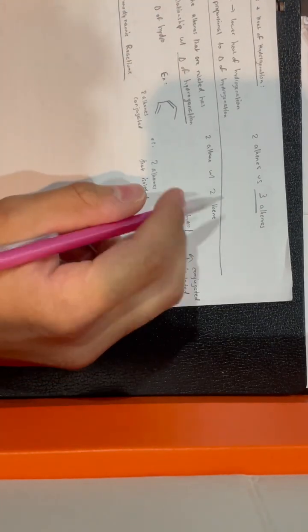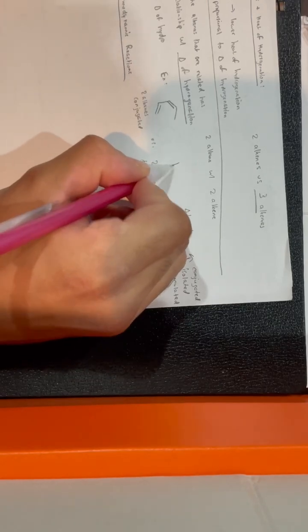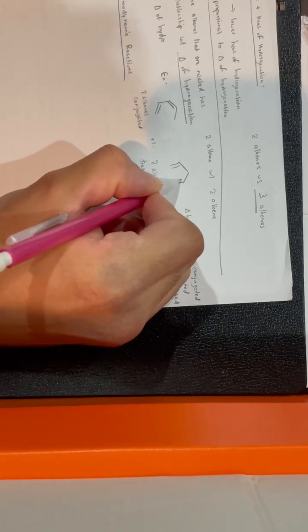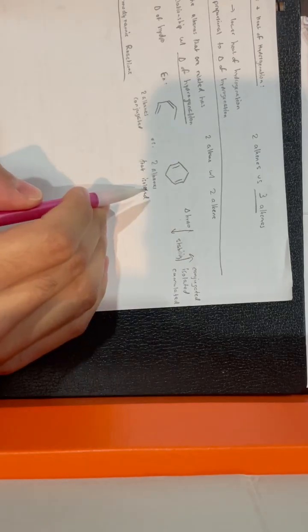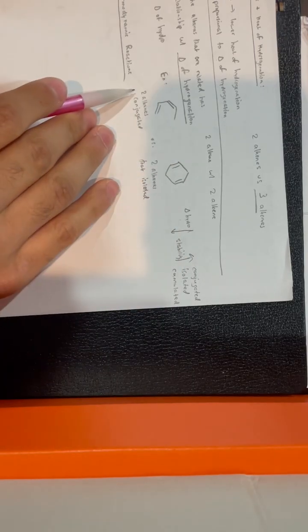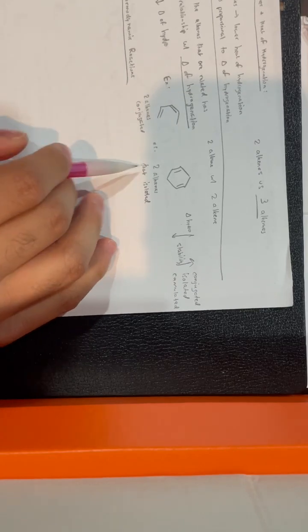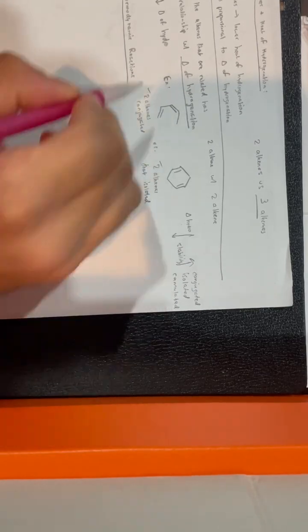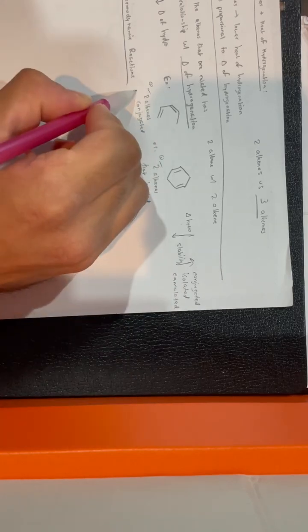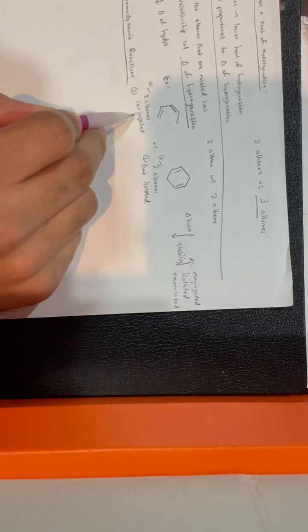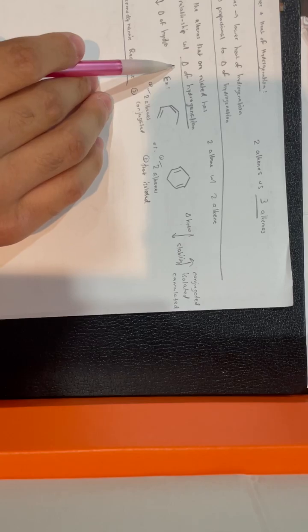But back to the example, say I had 2 isolated alkenes. We'll just say these guys. Essentially, if I was to compare them, first rule, 2 alkenes, okay, you're good. You're able to compare these. First rule done. Second, determine stability in relationship to heat of hydrogenation.